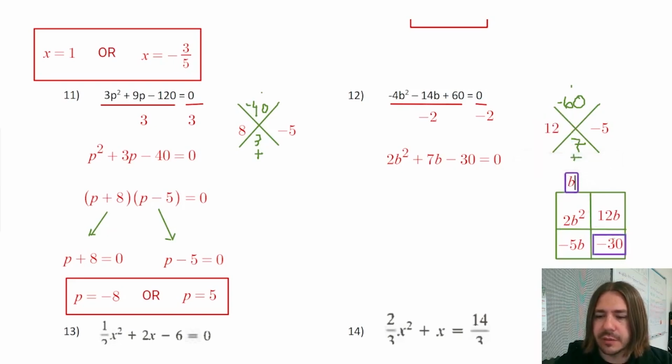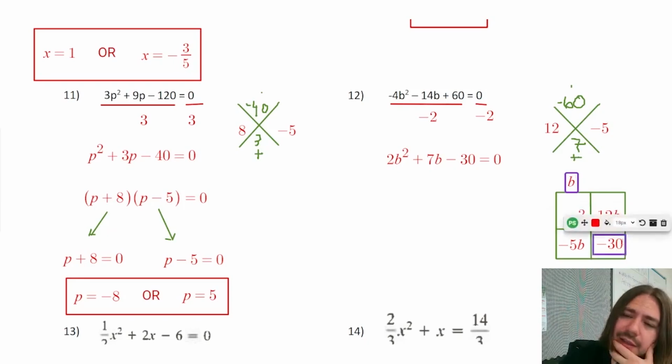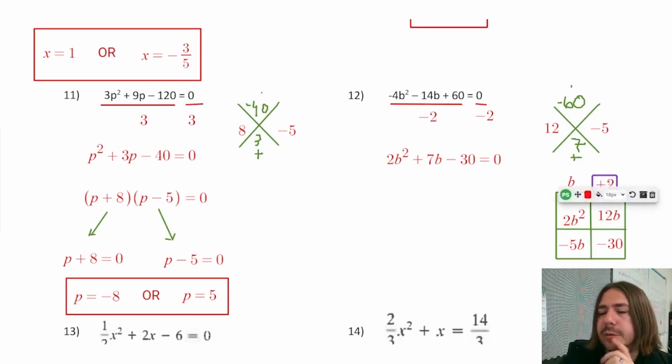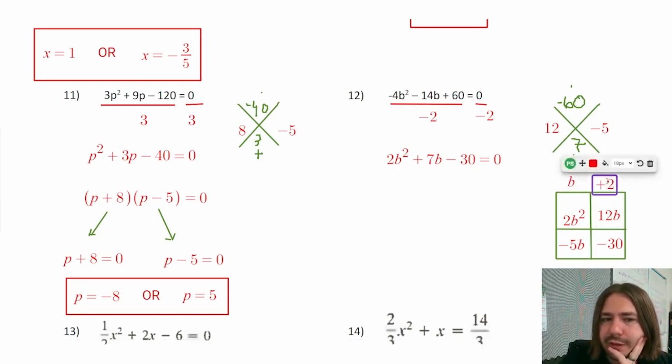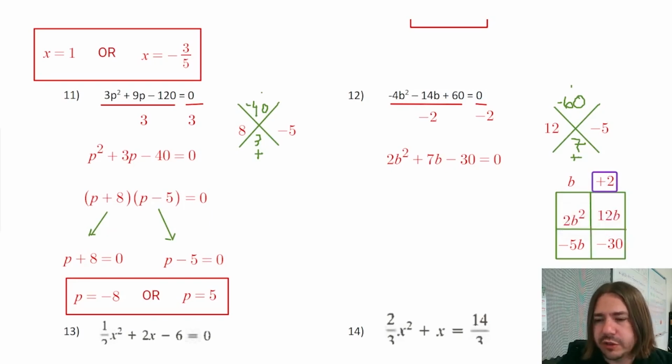This next column, 12 and 30, I think it's just going to be 2. Just 2? Let me think. If I divide both these by 2, I get 6b and 15. So actually, we can divide both of these by 6, now that I'm thinking about it. This is divisible by 6, that's divisible by 6. I think that's where we want to go, b plus 6.